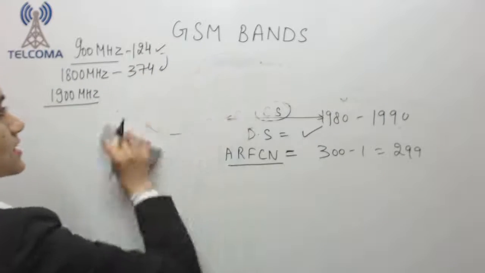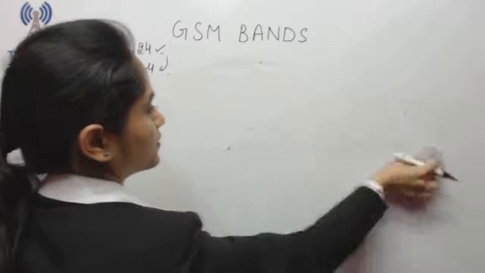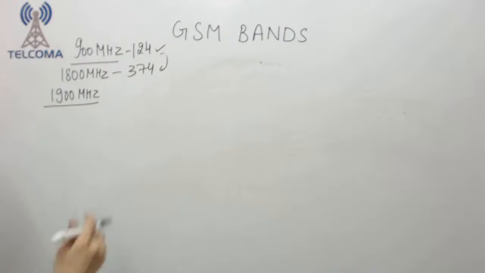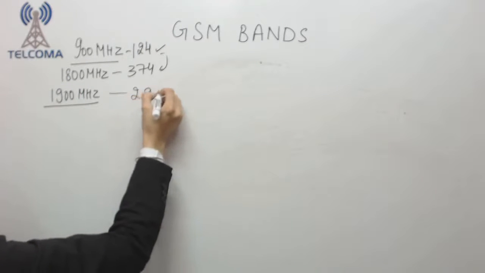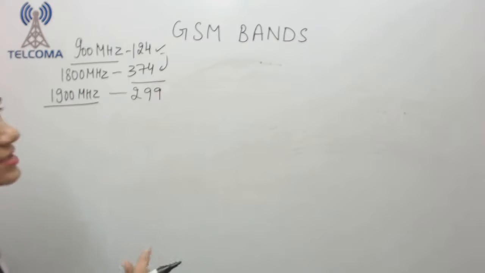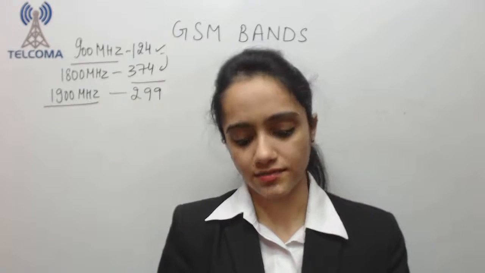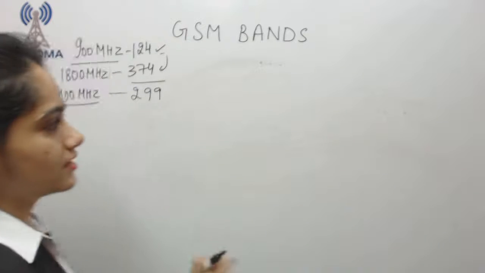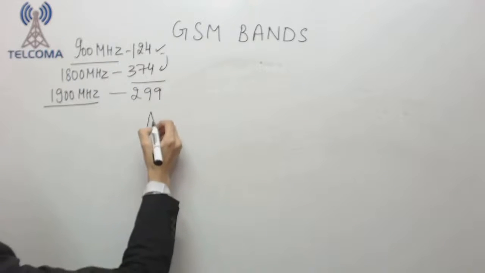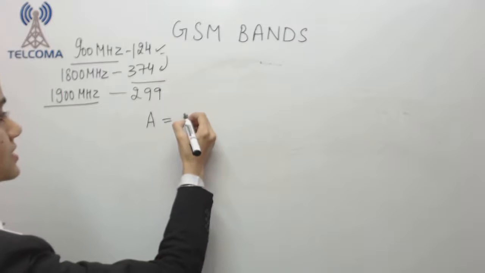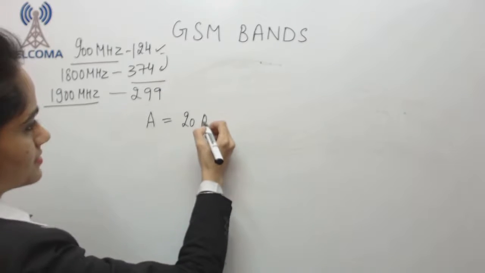So here in this case we have total ARFCN as 299. So if our 1800 megahertz capacity is fulfilled, then we need to go to the 1900 megahertz band. Now for example, a company A has purchased 20 ARFCN.